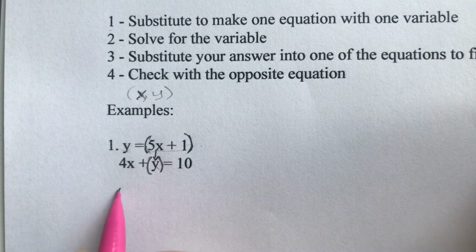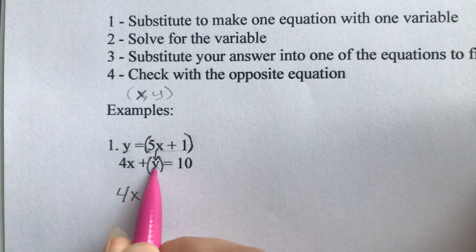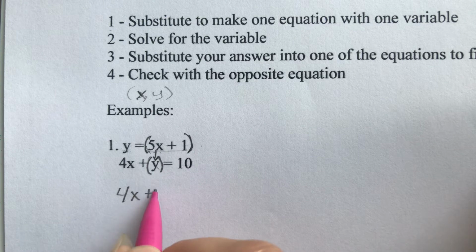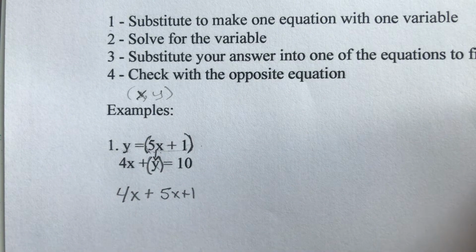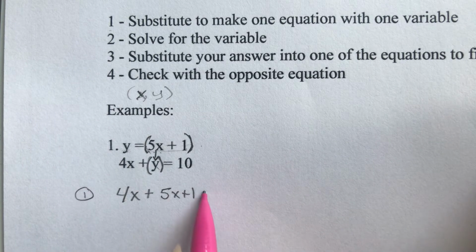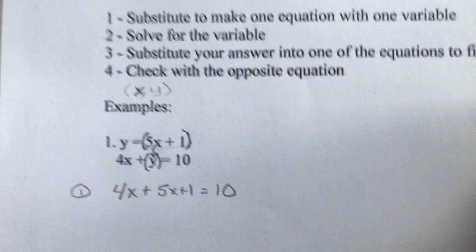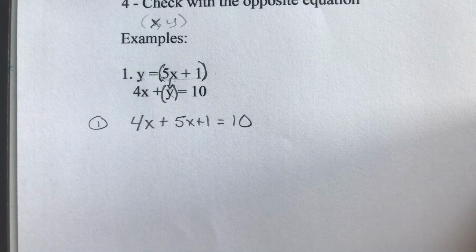So I'm going to rewrite 4x plus, y is 5x plus 1, so I'm replacing it. I'm substituting. This is step one. Equals 10. That part can be a little tricky.